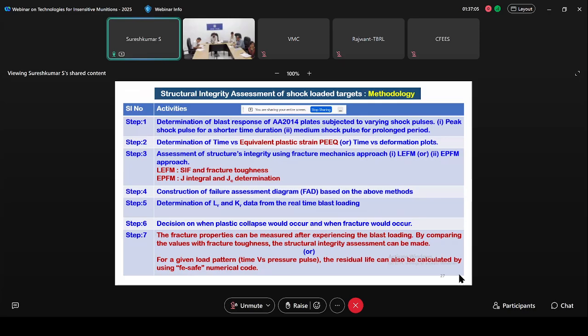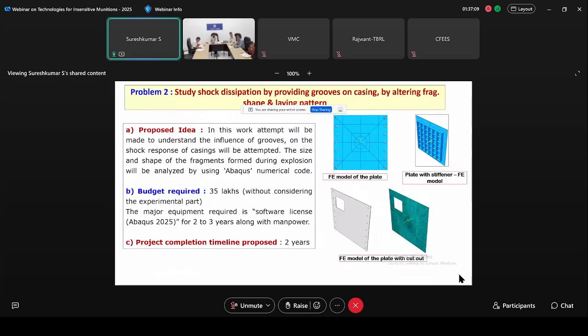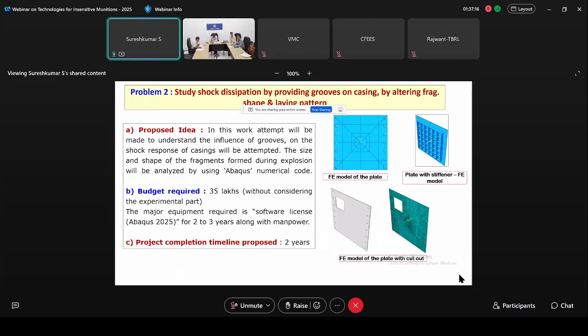But for the stiffened panel, 35 lakhs is sufficient, sir, because I only need the same software license for the project duration, that is 1 or 2 years. And simple tests are required to determine the material's behavior at high strain rate. Very simple experiments.